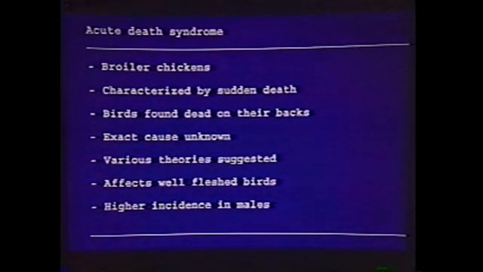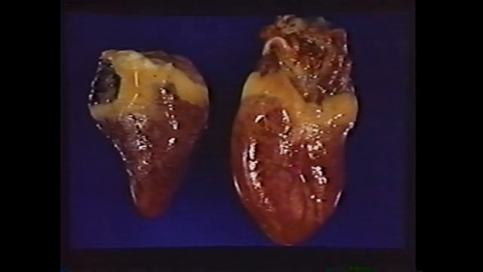If you pick up these birds immediately after death, you may not see this congestion and edema of the lungs. So, acute death syndrome is seen in broiler chickens, with sudden death, dead birds on their backs. The exact cause, the exact pathogenesis, is not well known, and several theories have been suggested.